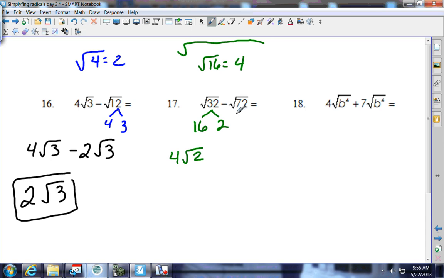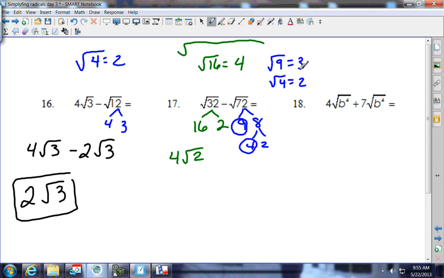72. 72 for me on this one. I know 9 times 8 is 72. 9's a perfect square. So I've got the square root of 9, which is 3. 8 breaks up into 4 and 2. Square root of 4 is 2.